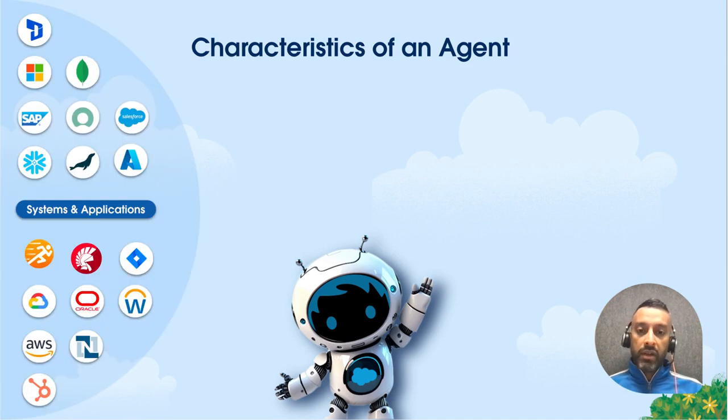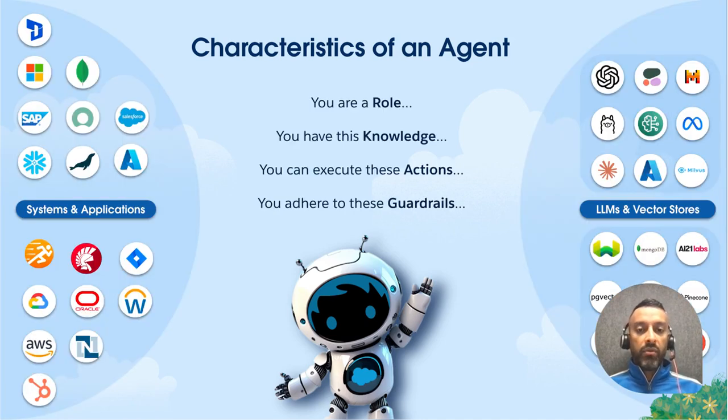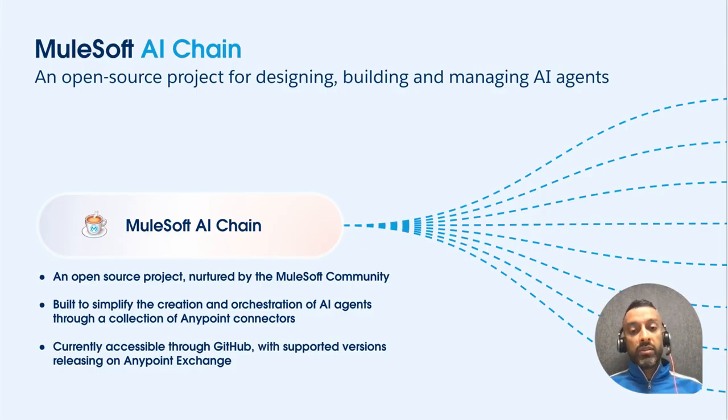Of course, the characteristics of an agent are simple. You have a role, knowledge, actions, guardrails, and maybe the channels you communicate to, but you have access to certain applications, certain models, certain knowledge bases, and so on. And how are we going to do this with the MuleSoft AI Chain, which is an open source project? It is nurtured by the MuleSoft community and allows you to build end-to-end agents completely in MuleSoft, going through the whole lifecycle we have discussed here: design, prototyping, build, test, deploy, secure, operate, monitor, feedback, reuse.